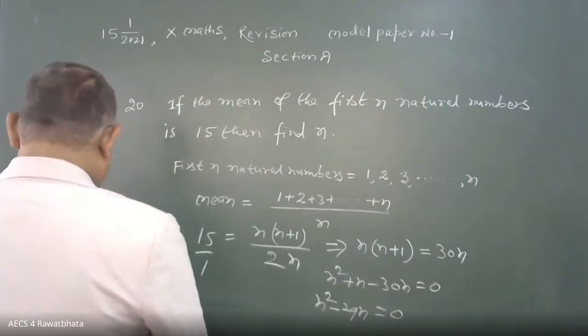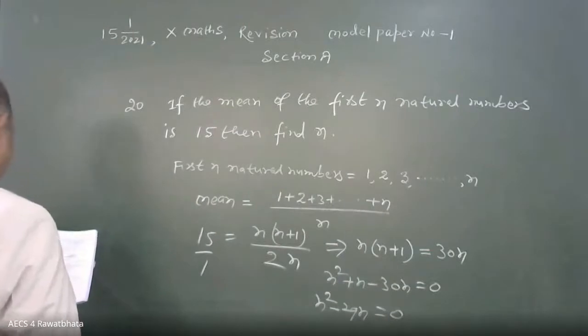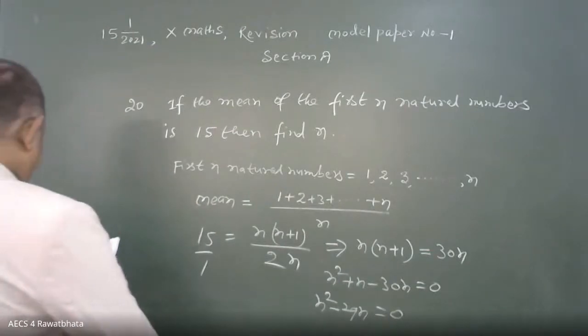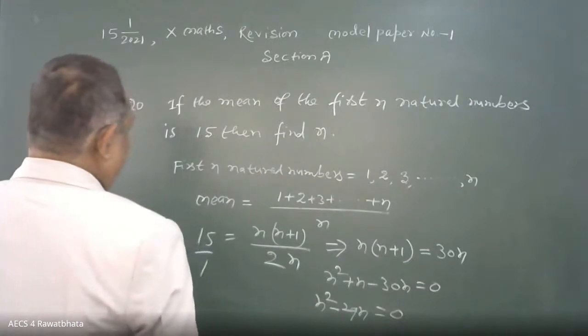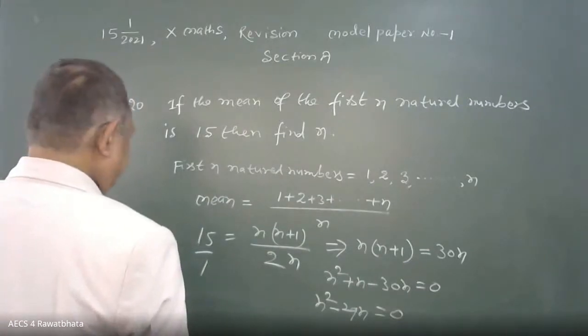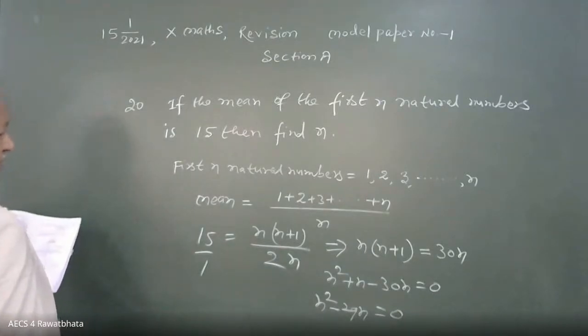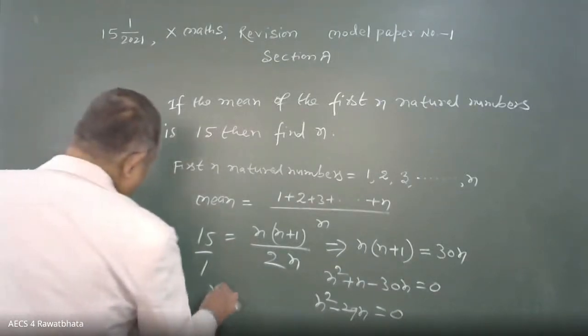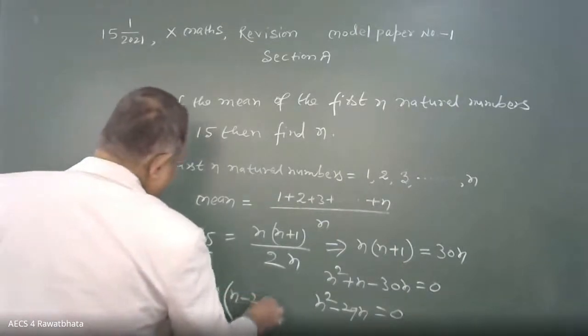So n is common: n into n minus 29 equals 0. n cannot be equal to 0, since n is a natural number, so the other factor n minus 29 is equal to 0, and n is equal to 29.